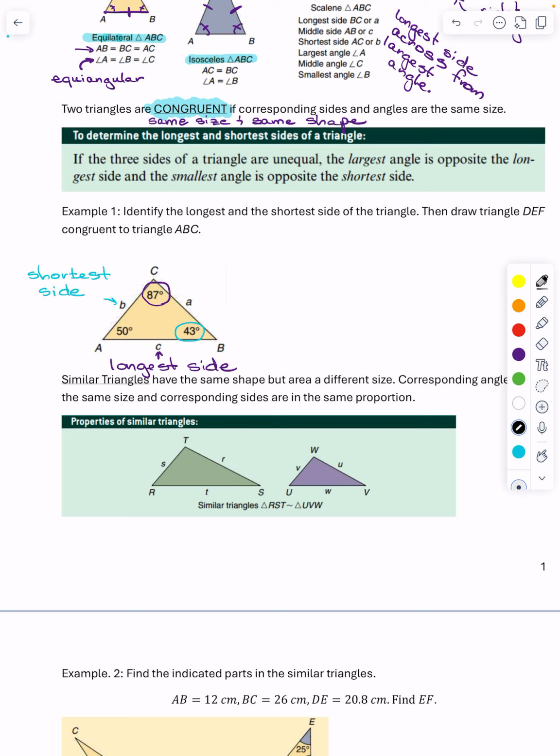If I want two triangles to be congruent, and I'm going to try to draw this with a different orientation so we can make sense of what's going on here. If we're going to say DEF is congruent to ABC, that means that D and A have to be the same size.